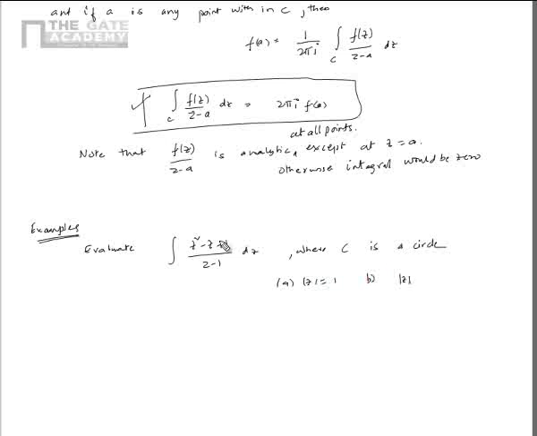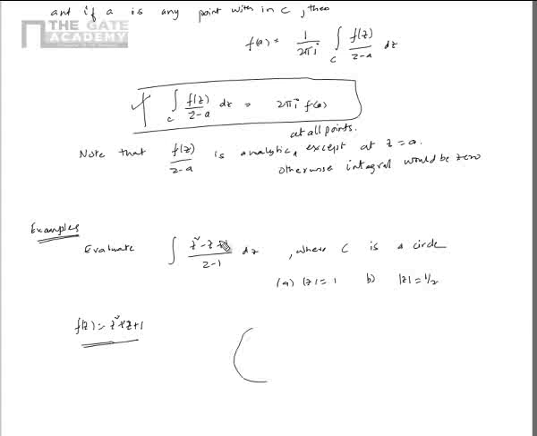In the second case C is a circle with radius half and center at the origin. Let's evaluate for both cases. So f of z is z square minus z plus 1, and we see that this is analytic everywhere within the circle mod z is equal to 1.